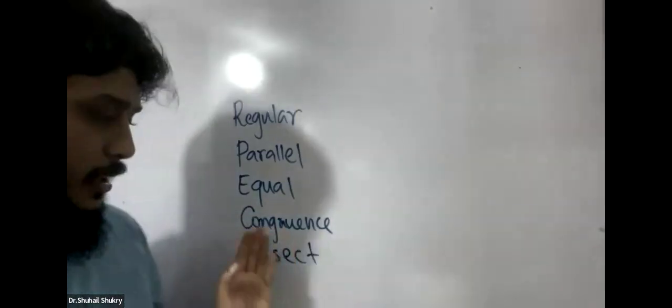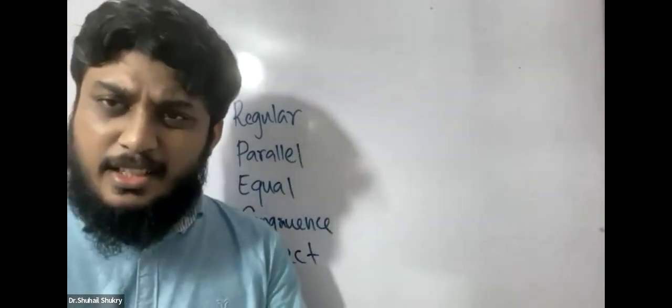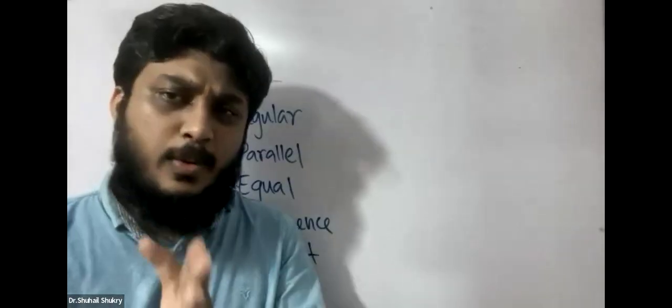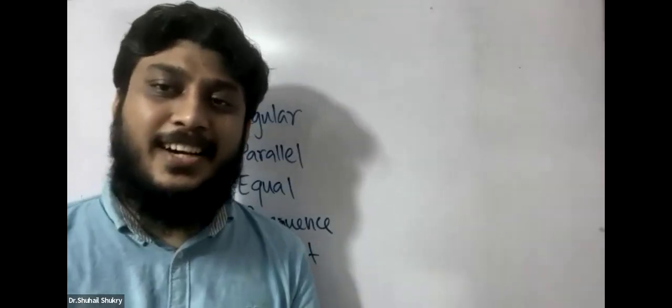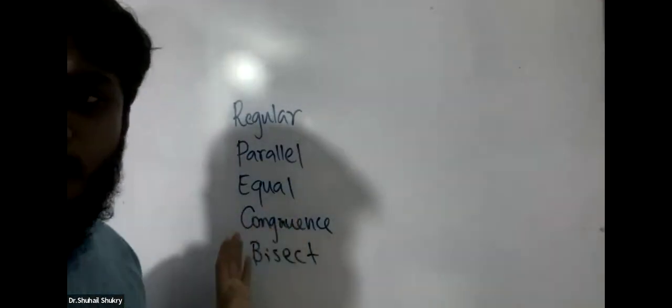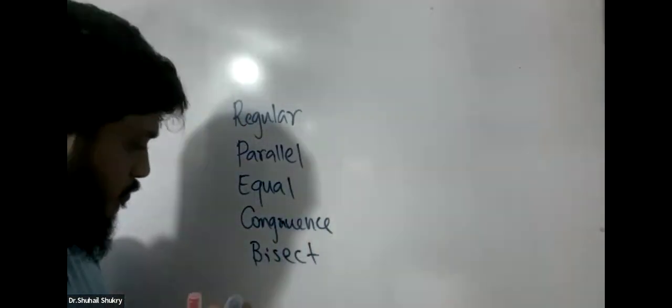Bisect means dividing equally. Mama, bisect the bread. What do you mean? Divide the bread equally. Mama, bisect the cake. Mama, bisect the money. Money means dividing. Dividing equally, bisect.